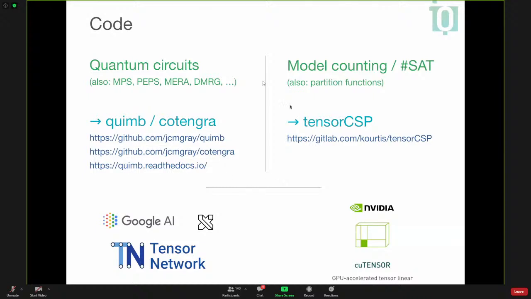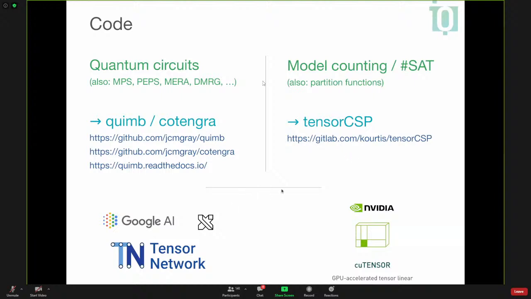If you want to look into model counting and this other satisfiability stuff that I skipped over, you can go to this code here that I wrote myself. This is much simpler, much less professionally written, but it is documented. It works well.